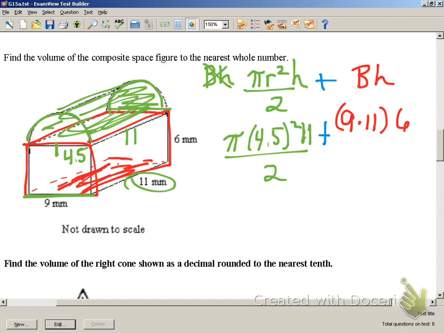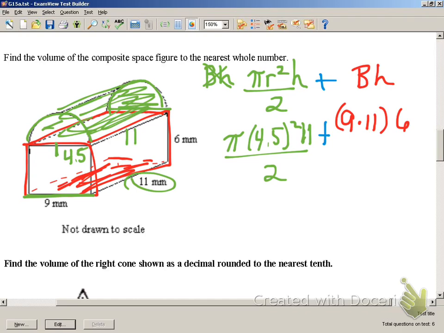So it says nearest whole number, so I'm going to use 3.14 for pi. So I'm going to say 11 times 4.5 squared times 3.14 divided by 2.